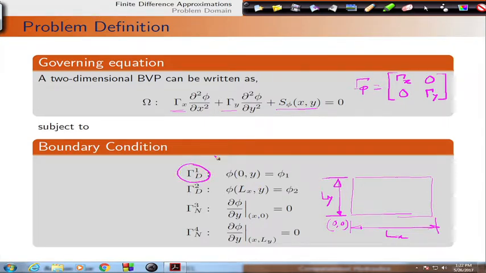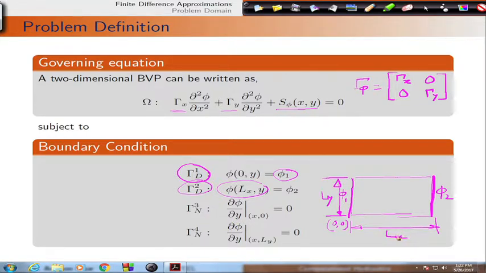Gamma d1, that means this left boundary at x is equal to 0, and for all y, this is a Dirichlet kind of boundary, or specified boundary, phi 1. And gamma d2 is again a Dirichlet boundary with x equal to Lx, and for all y we have this phi 2 value.